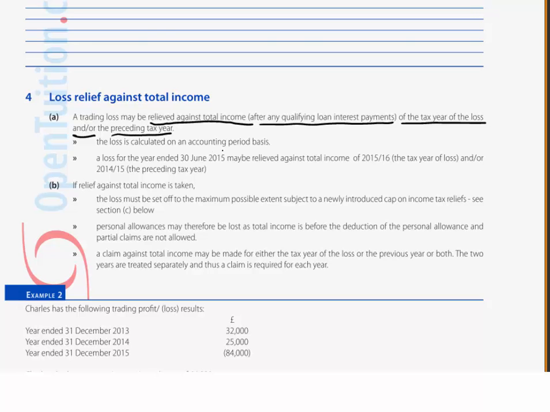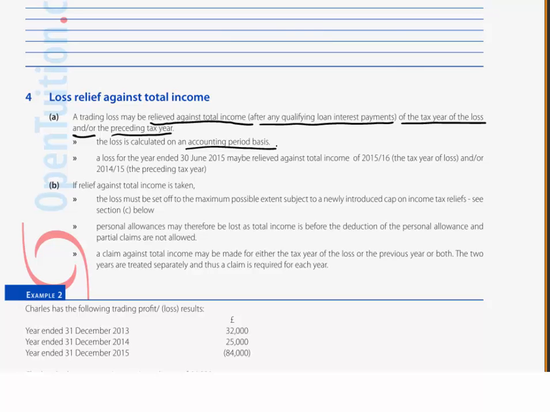The loss is calculated, remember, on an accounting period basis, i.e. we had an accounting period for us, the year ended 30th of June of 15. We'd have done our adjustment of profits, computed and deducted capital allowances, and the end result was a tax-adjusted trading loss.